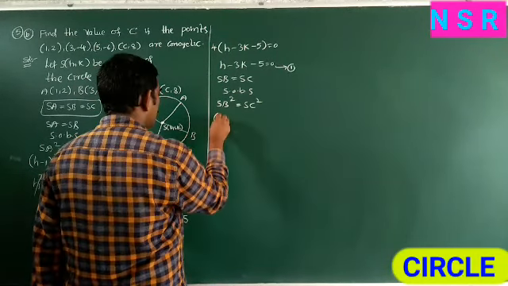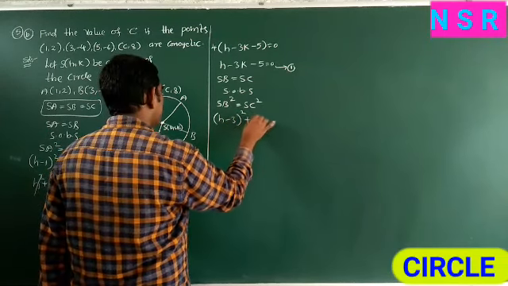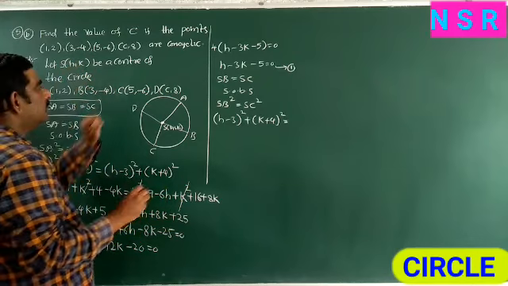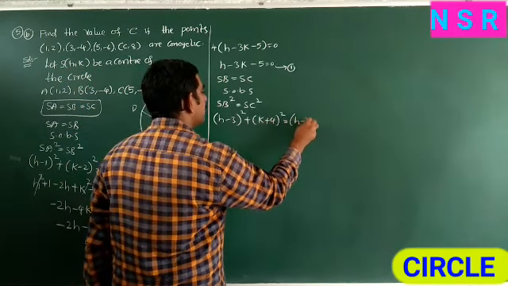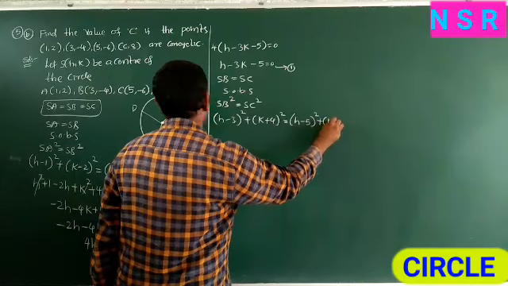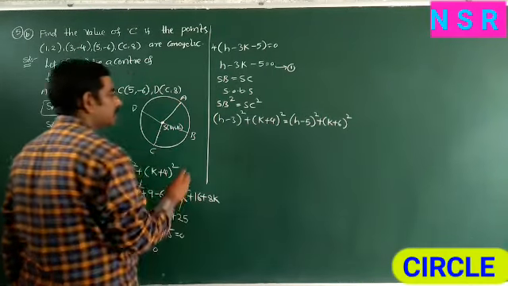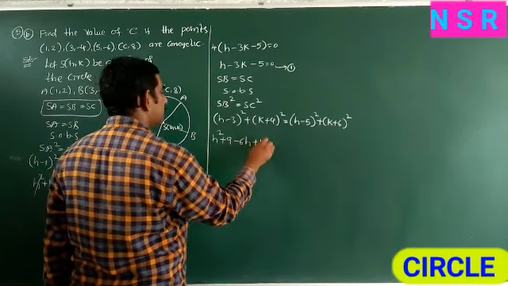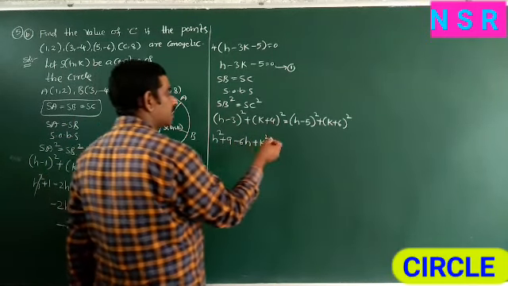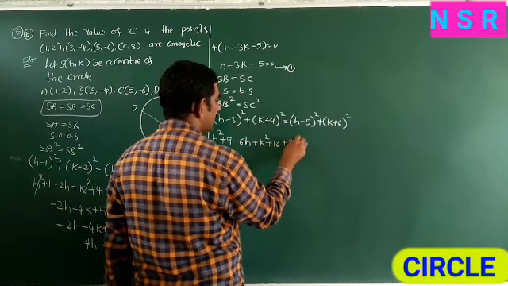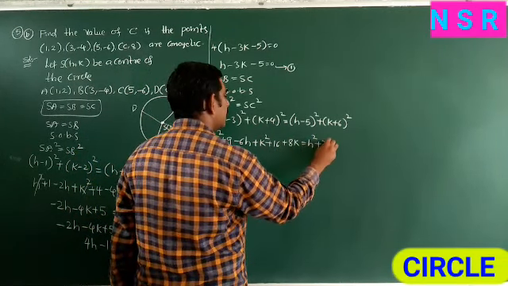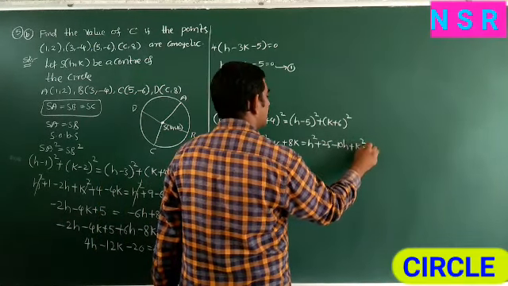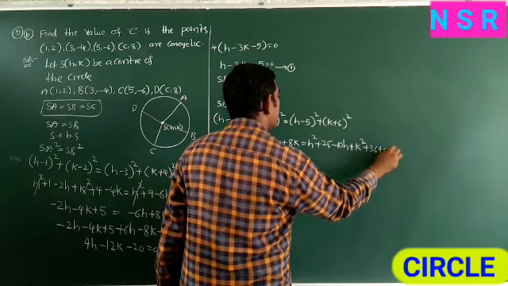Now apply the distance formula. (h − 3)² + (k − (−4))² equal to SC², (h − 5)² + (k − (−6))². So h² + 3² = 9, 3 2s are 6 into h, 6h, plus k² + 4² = 16 plus 4 2s are 8 into k, 8k, equal to h² + 5² = 25, 5 2s are 10 into h, 10h, k² + 6² = 36, 6 2s are 12 into k, 12k.